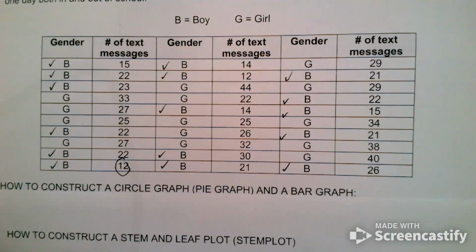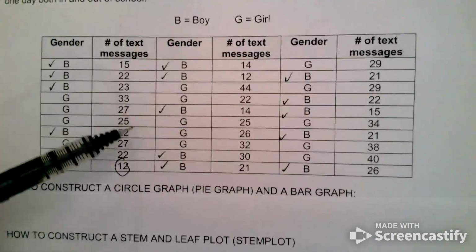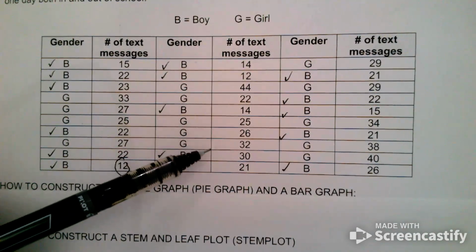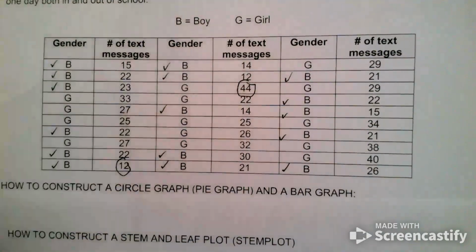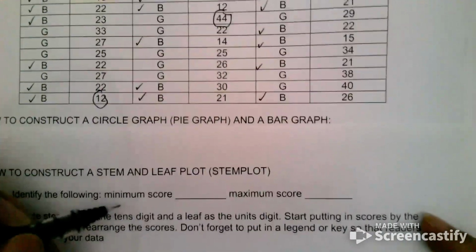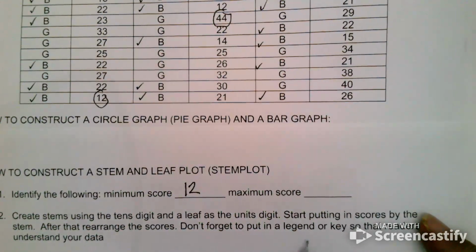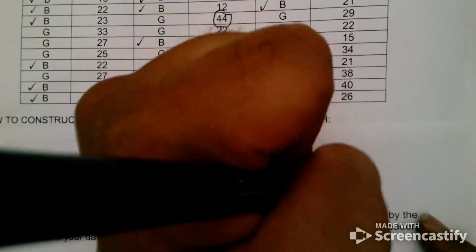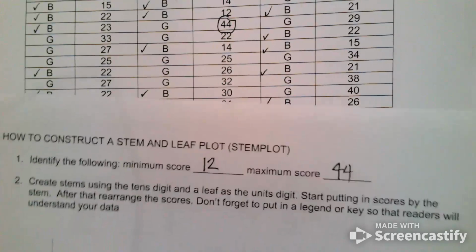And then the highest score would be 44. So which means my minimum score, I'm going to write this down here. This would be 12. And then the maximum score is what? 44. Clear so far?